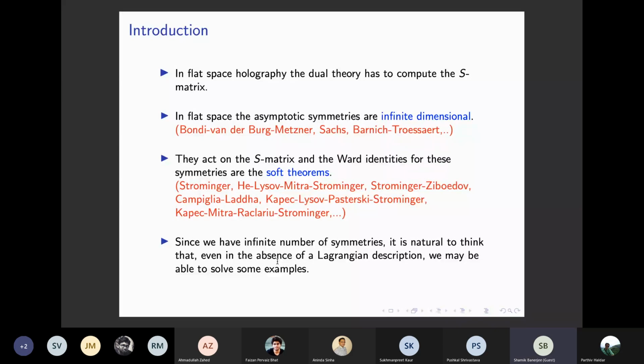Now since we have an infinite number of symmetries, it is natural to think that even in the absence of a Lagrangian description, we may be able to say something about the scattering amplitudes.